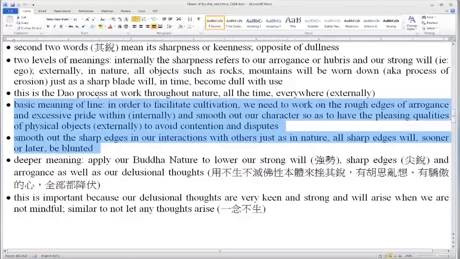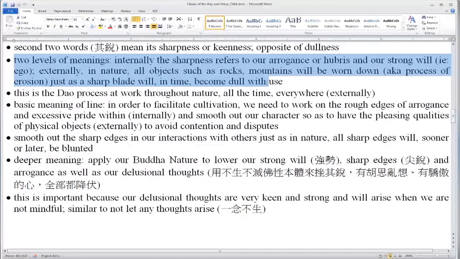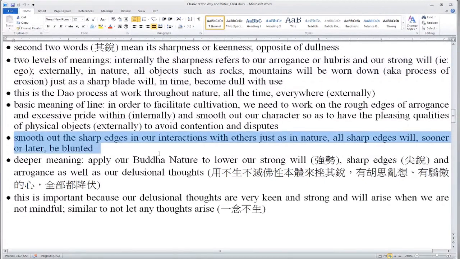That's a natural process of nature. So over time, rocks and such will get worn down. Here are the two levels of meaning. That's the external. Similarly, we as humans, I'm talking about the more human or intangible aspect, we also have sharp edges or rough edges in our characteristics or behavior, et cetera.